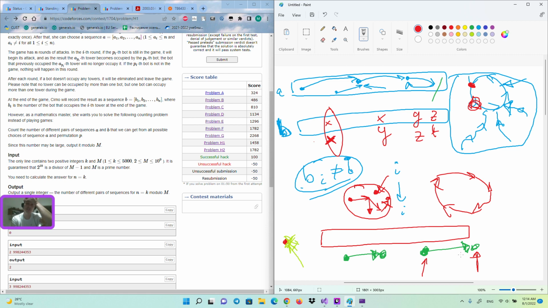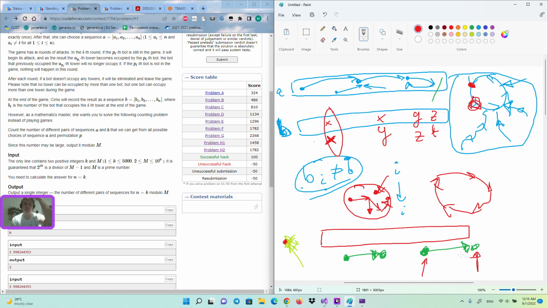So maybe we have to start with the B. What do we have in the B? In the B we have some strange subgraph. So for every vertex we have the last one to capture it.